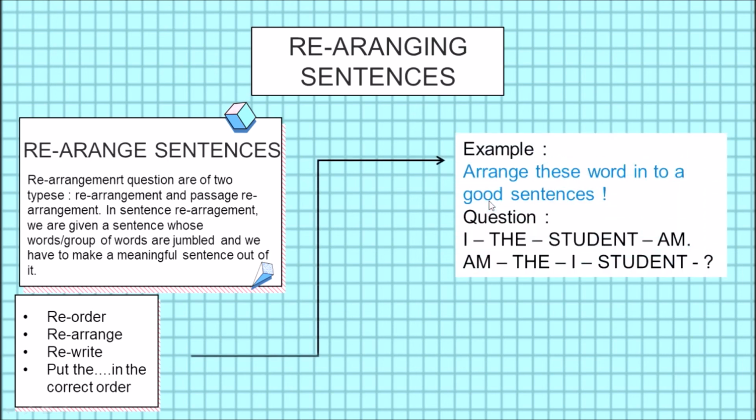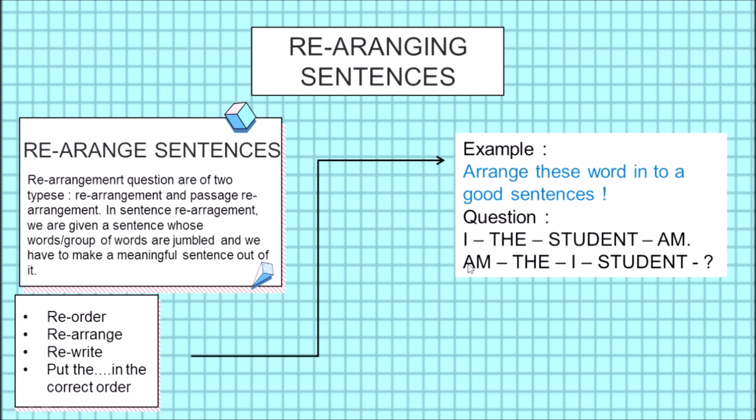This is an example. Arrange these words into a good sentence. We have two questions. The first one is a positive sentence and the second one is an interrogative sentence. If the question is a positive sentence, you have to put the subject in front of the sentence, then to be, and then the last one is the object.